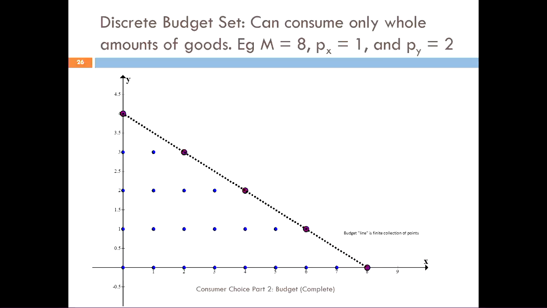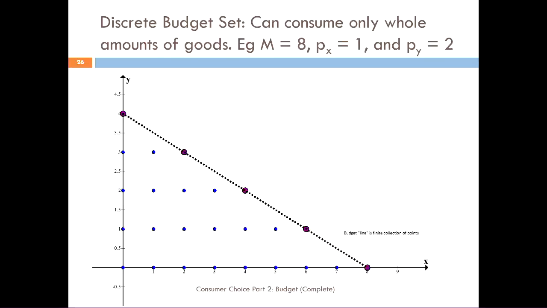Well, now your budget set, the affordable bundles, are just going to be those points. The white parts don't exist. You can't buy half a movie. Or you could buy a half pizza, but suppose they're not selling half pizzas. So if you want to have discrete X and Y, then you're just going to have points in space rather than the whole space.